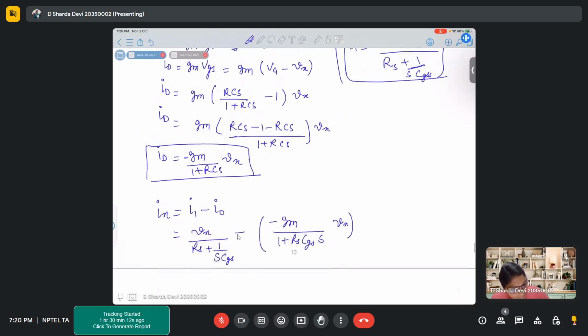So which becomes Ix equal to Vx into 1 upon RS, or sCGS into RS CGS s plus 1, plus Gm.